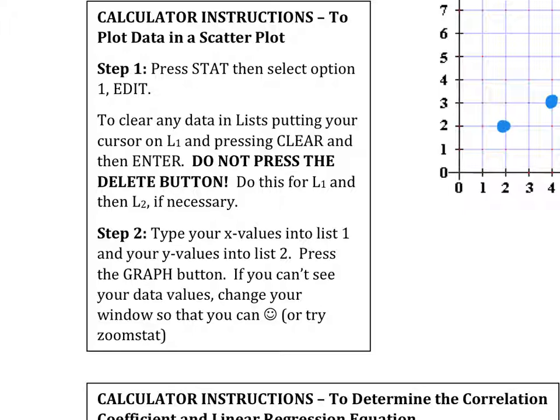Just hit the zoom button, which is in the middle of the top row of buttons. If you scroll all the way down to number 9, that's zoom stat. So hit zoom and then number 9. And then it should bring it so you can see your points.